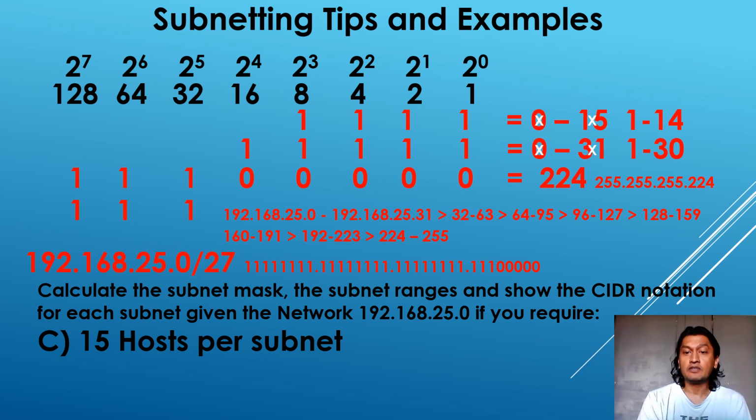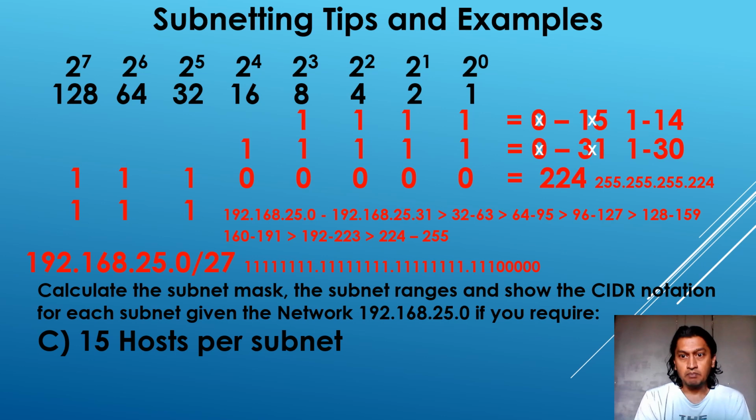Add 32 to that for the start of the next range, 192.168.25.96. So your subnet ranges become 0 to 31, 32 to 63, 64 to 95, 96 to 127, 128 to 159, 160 to 191, 192 to 223, and 224 to 255. CIDR notation is simple: the number of ones in the subnet mask, 27.